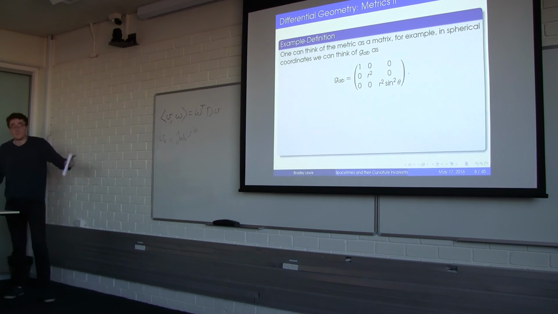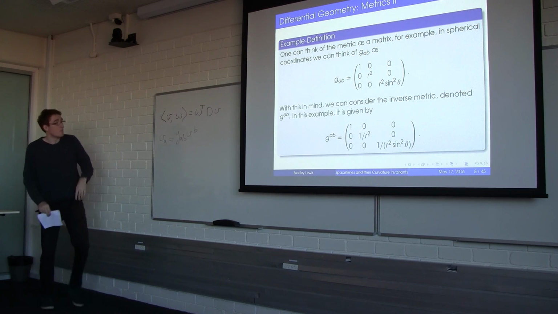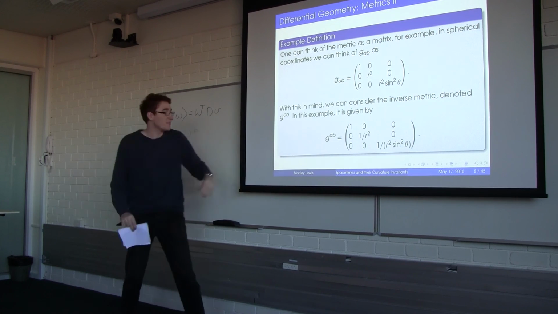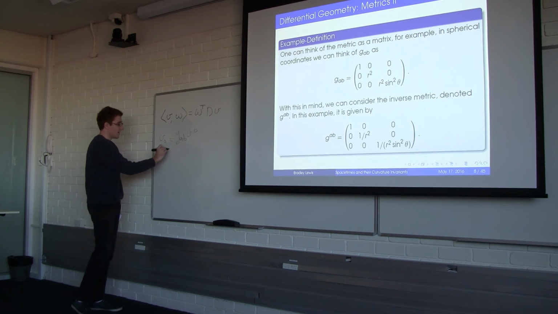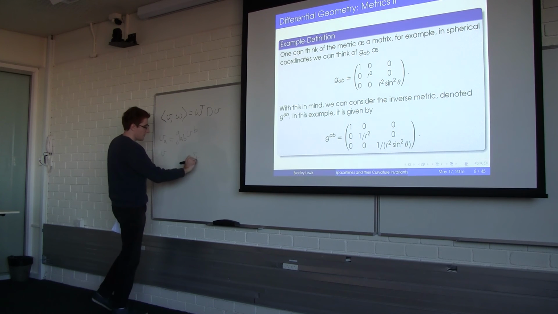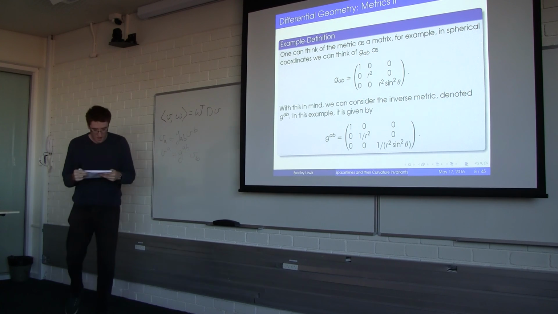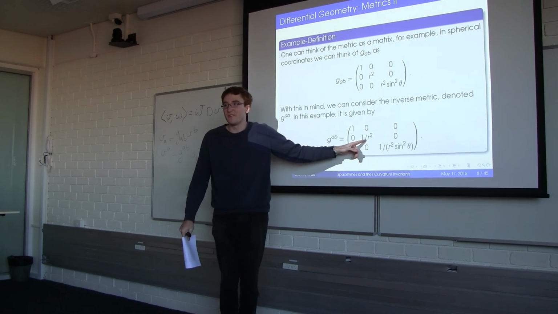In this notation, it is just the inverse matrix, denoted with upper indices. And so this lets us start with a lower index vector and then raise it, like that.